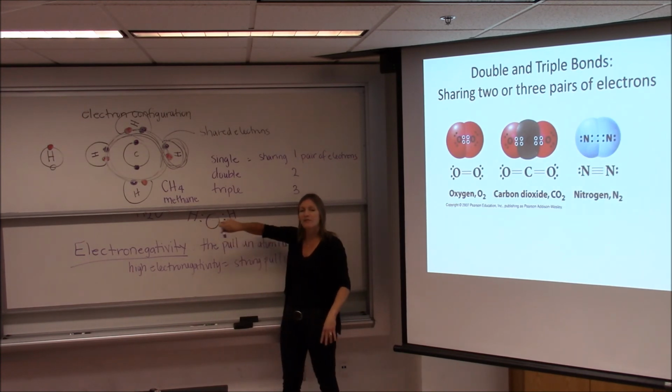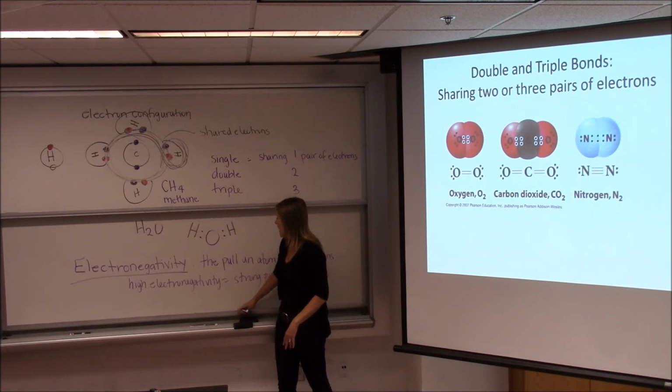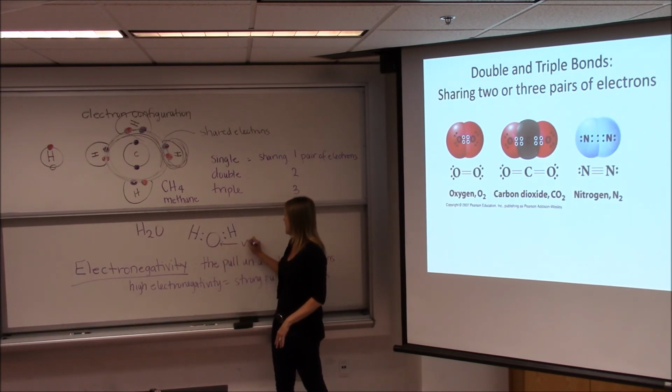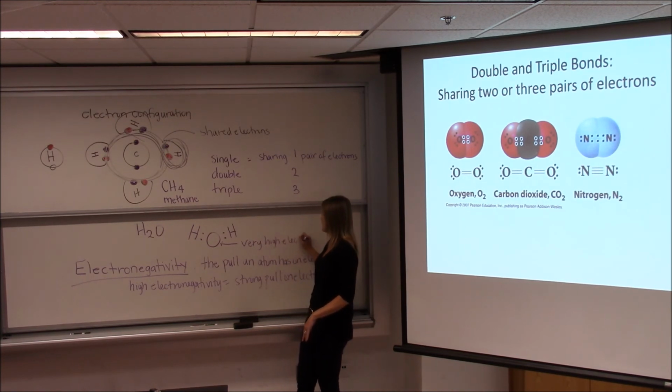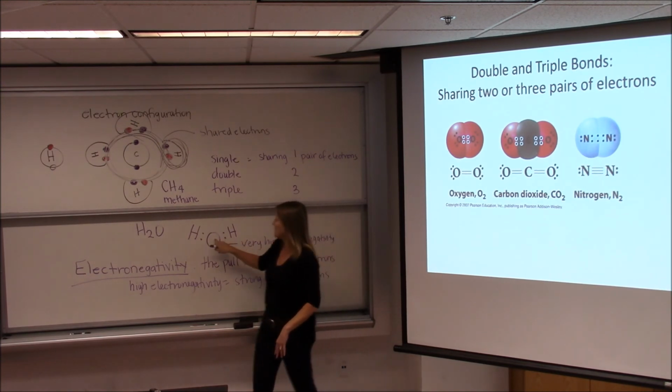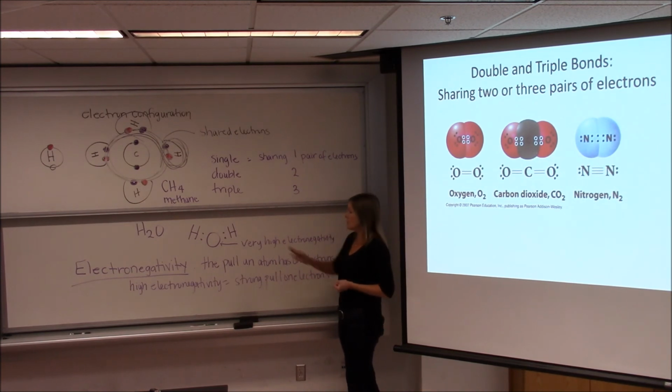Oxygen is very electronegative. Oxygen has a very high electronegativity relative to hydrogen. So what does that mean? That means oxygen has a stronger pull on those shared electrons, and so they're not sharing equally.